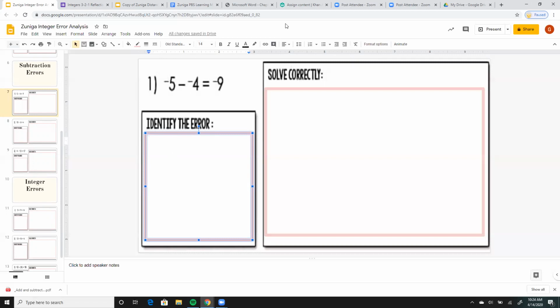So this will become a plus and this will become a plus, because the inverse of negative 4 is positive 4. I'm going to add the inverse. So what's negative 5 plus a positive 4? The error is they didn't add the inverse.